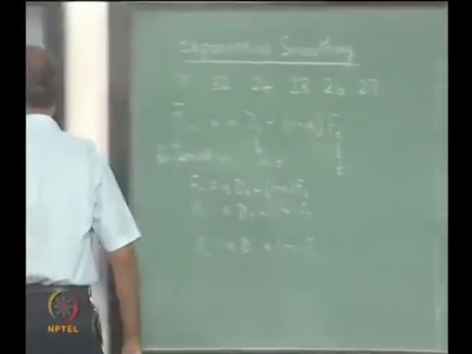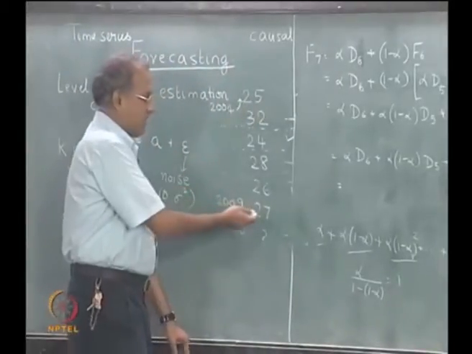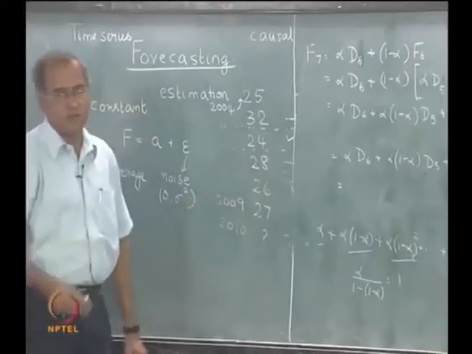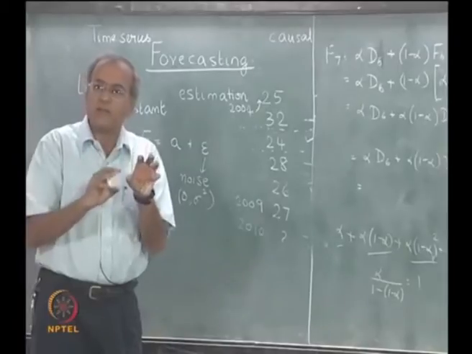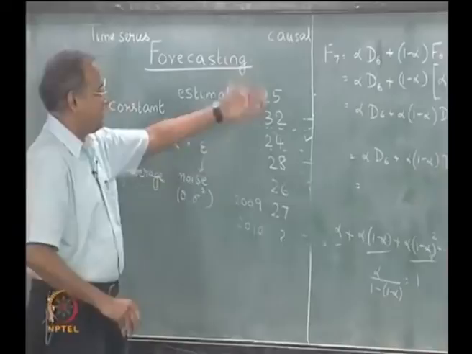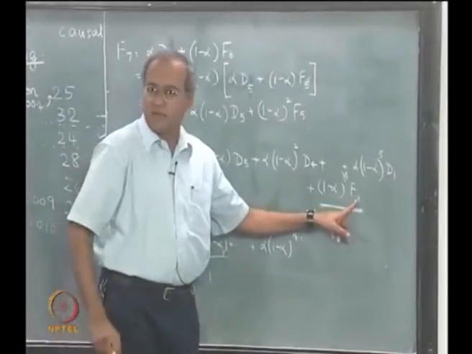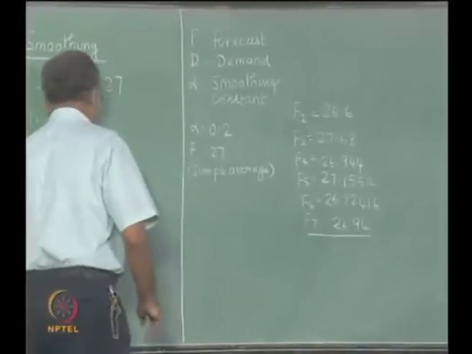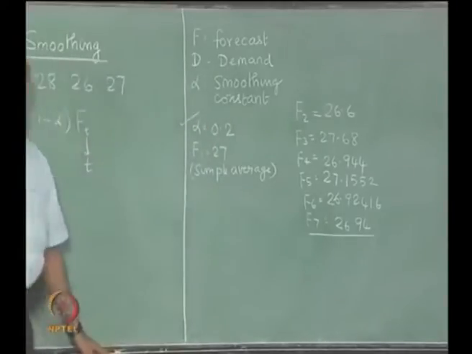Sometimes people would take the last of the values as f1, which also happens to be 27 in this case, but even if we take 26.5 or 26.35 or whatever, as long as it represents adequately another measure of central tendency or average, the effect of this f1 is not very high. So, in a way we can say that f1 equal to simple average can be accepted, but we have to spend a little more time on this alpha.